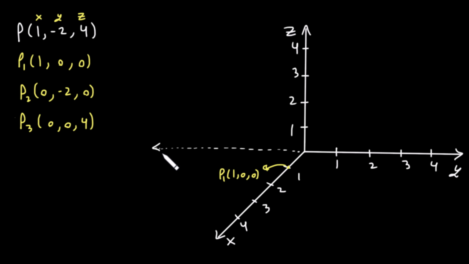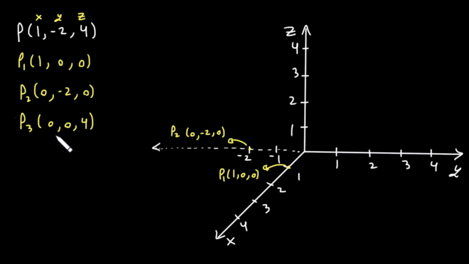Here the first unit, second unit, which is here. Now, 0, -2, 0. Here is the origin. We have to move backward 2 units in y-axis, 1, 2. Here is the point 0, -2, 0. This point is P2.